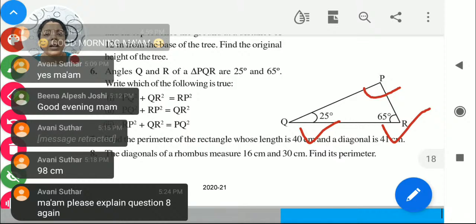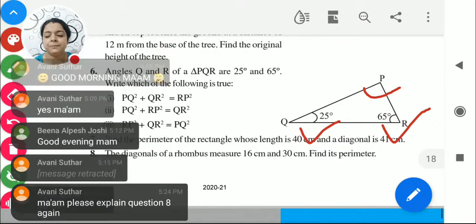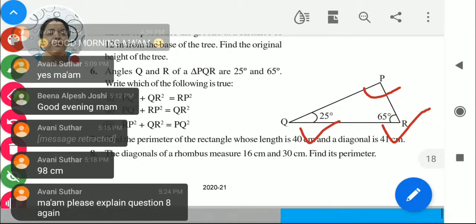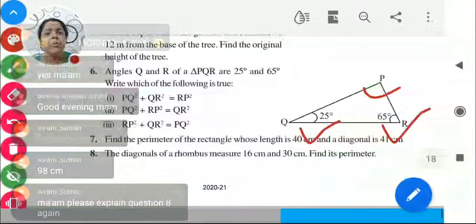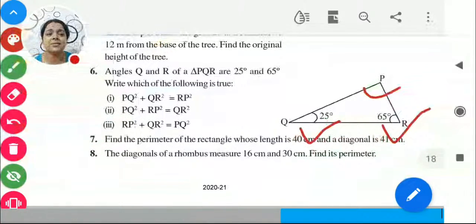Okay, no problem. I'll explain both the questions again. First I'll go for question number 6, one by one. I knew that this question may be difficult for you people. Don't worry, we'll go for it.